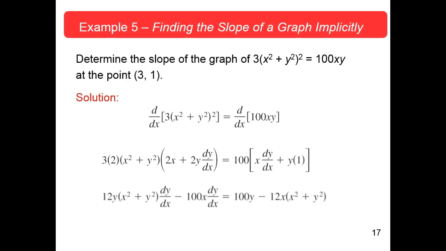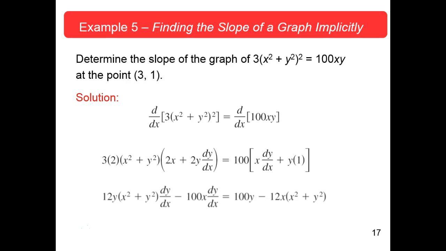To me, this is really confusing to do it this way. Then they took this term here and subtracted it over here, minus 100x dy dx. Then they took the 100y here and subtracted this one from it, which was the 12x times x squared plus y squared. Did that all in one step, which to me is pretty tricky of them.